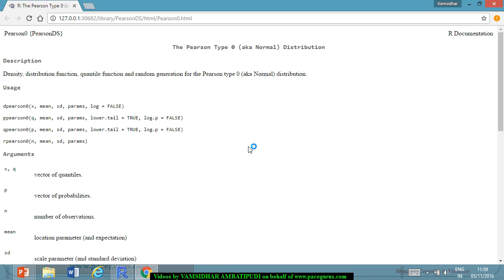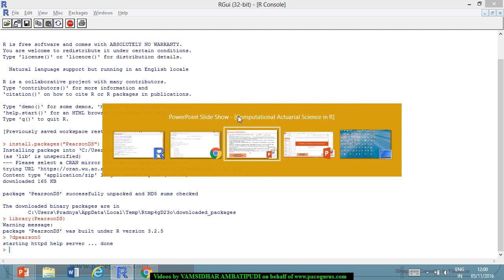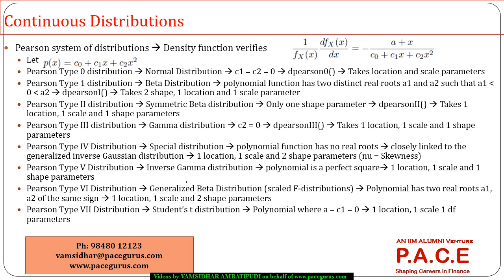So the same logic will apply to all. We are talking about 4 different functions here for every distribution, with 4 different prefixes: a prefix d, a prefix p, a prefix q, and a prefix r.